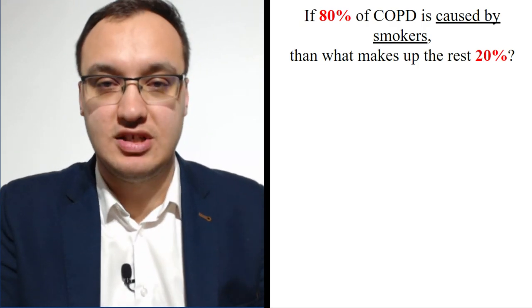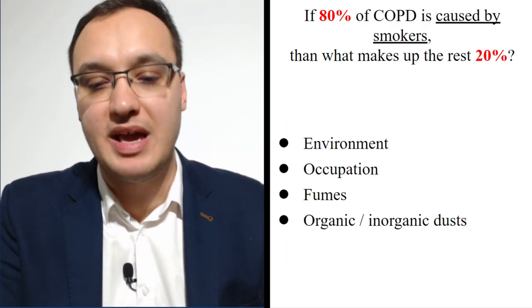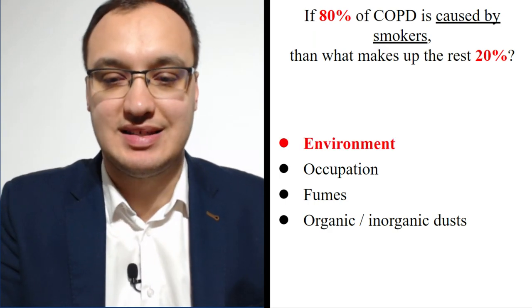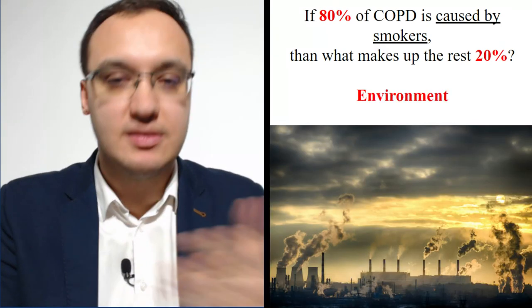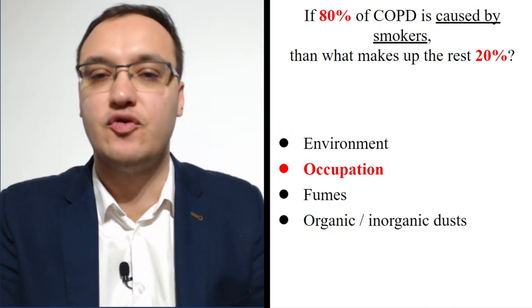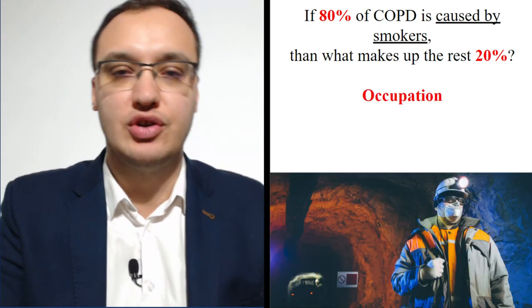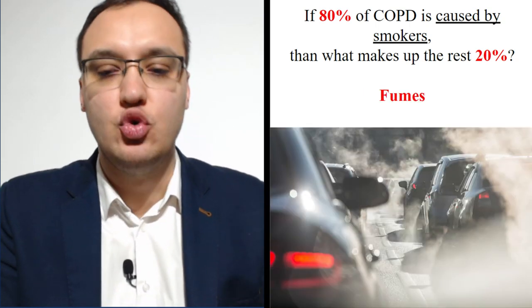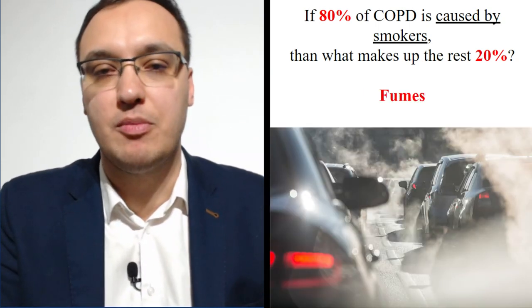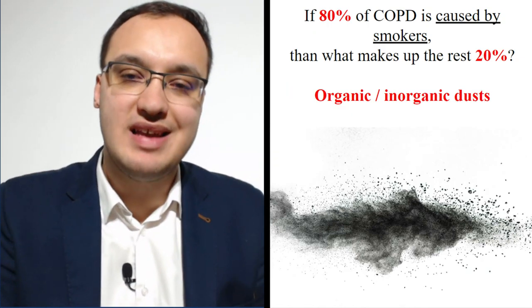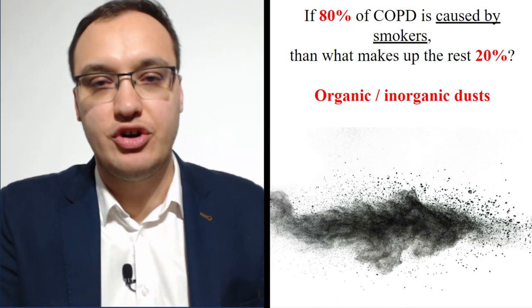What is the rest? This 20% is environment, occupation, fumes, organic dust, and so on. So environment, there is a lot of pollution out there. So of course, it's not only smoking, but there's also occupation. It depends where you work, and fumes that you see, a lot of fumes from cars and so on, and organic and inorganic dust. It all depends where you work and what you're confronted with.